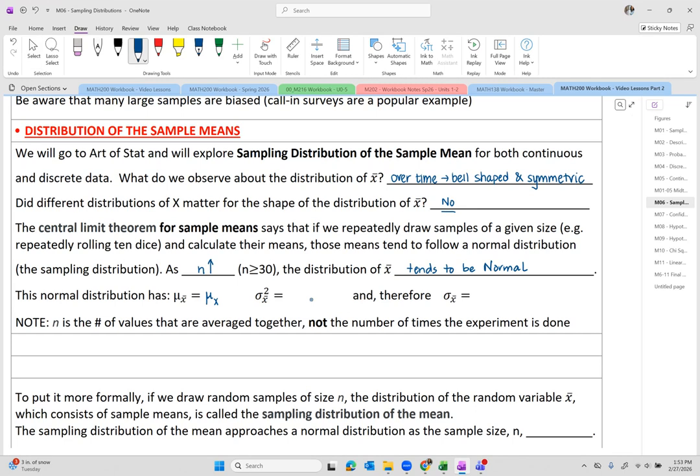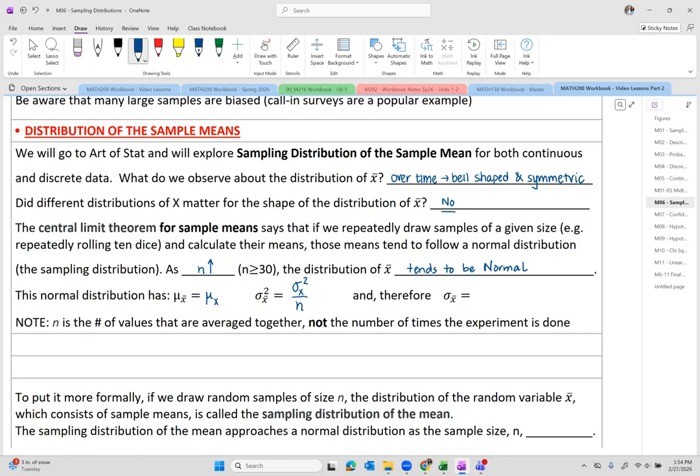The variance of the sample means is the variance of x in terms of the sample size. So it is 1 divided by n of the variance of your whole population.